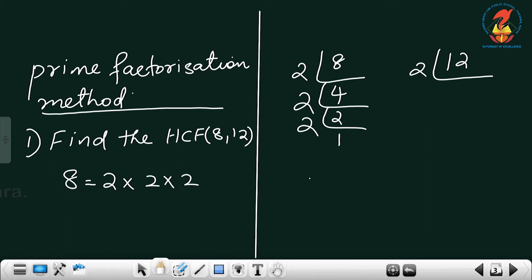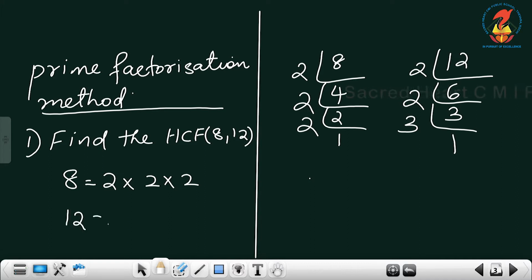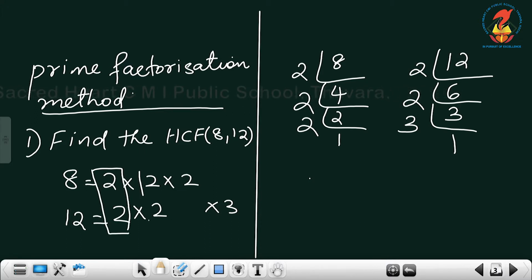Then 12, least number 2, 6, again 2, 3. Then we can divide it by 3 only, it is 1. So we can write 12 is equal to 2 into 2, then leave the space, into 3, another group. So what do you have to take? The common factors. These two are the common factors.